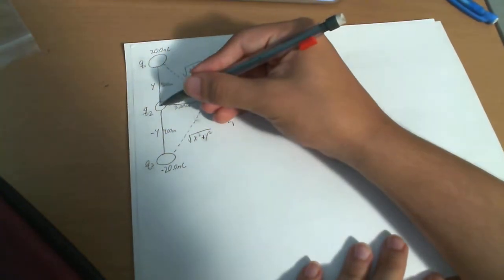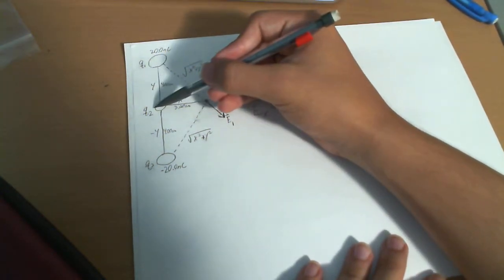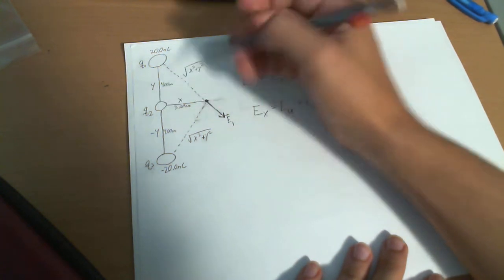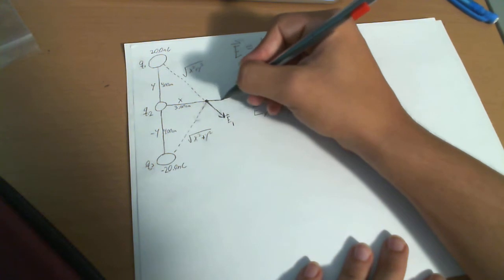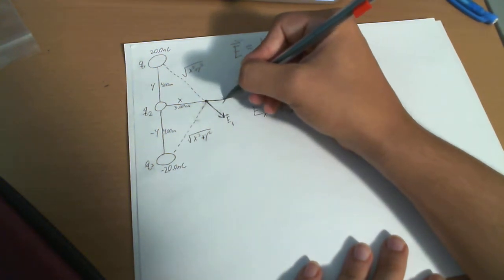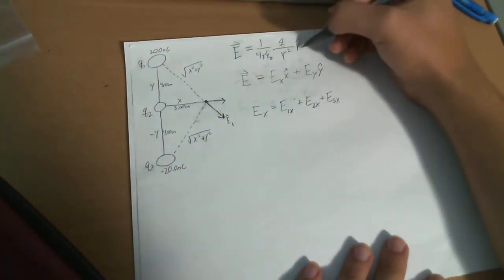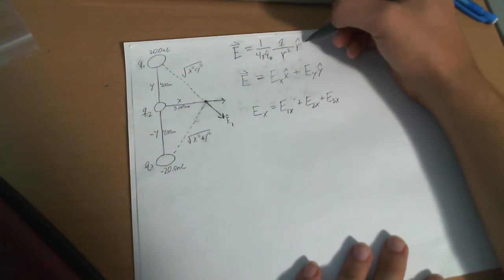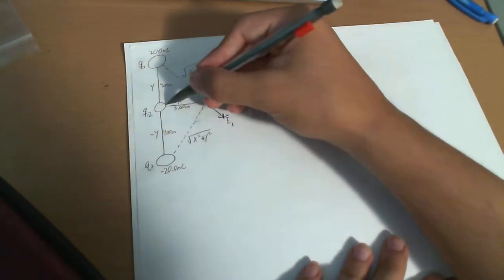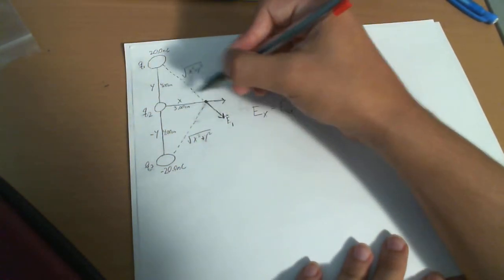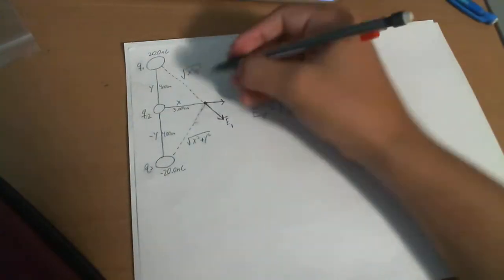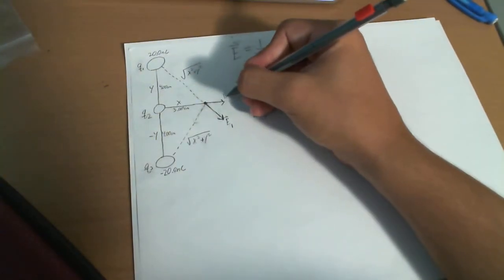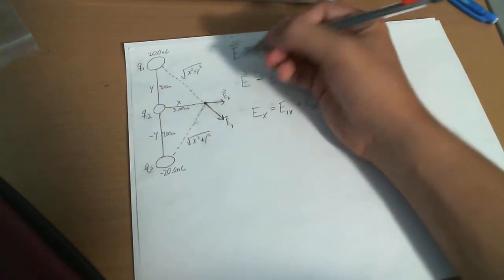Now E2 is also going to be in the positive direction, and it's going to go along the x direction, right? Because remember, r hat indicates that the direction of the electric field is going to go along the line connecting the two points, the charge and the point of interest. So we'll call that vector E2.